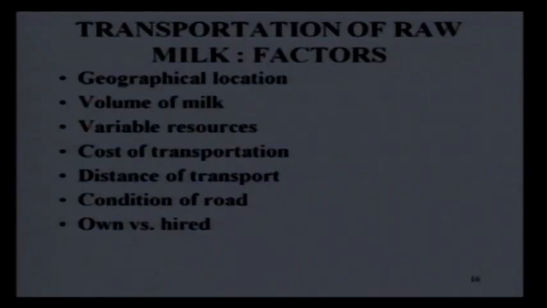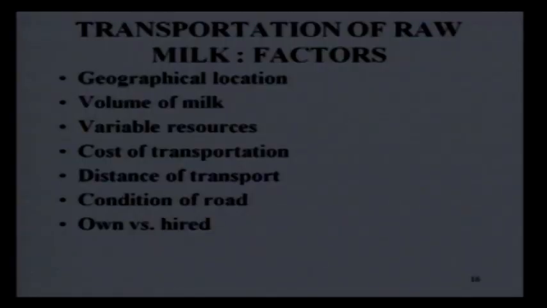Then the cost of transportation should be minimum. We all know that the transportation cost contributes around 20 to 25% of the cost. That's why many new concepts of collectively collecting the milk, or even fruits and vegetables, from the farmers and selling to consumers are coming up in malls and other organizations.